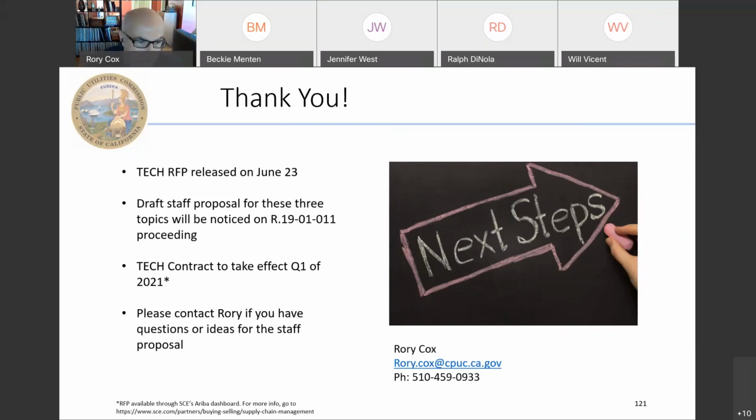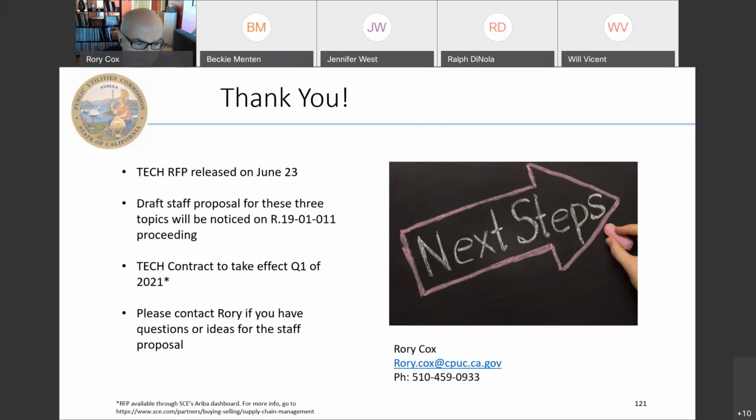As I mentioned, we hope to get a contractor on board for tech in the first quarter of 2021, and we would want this framework to be finished by then. But we should have a draft proposal to you much sooner than that. It'll be noticed in some form on the 1901-011 proceeding listserv.